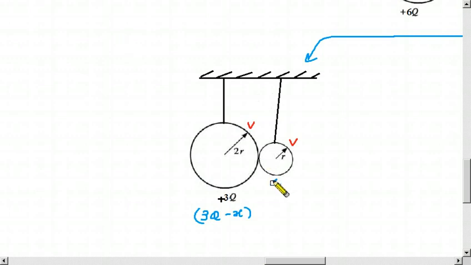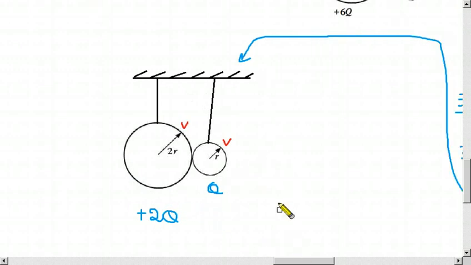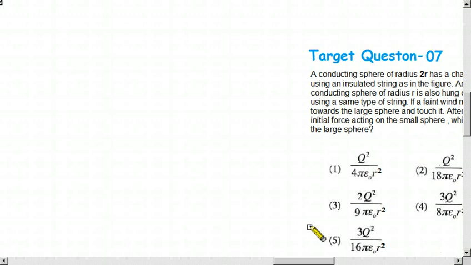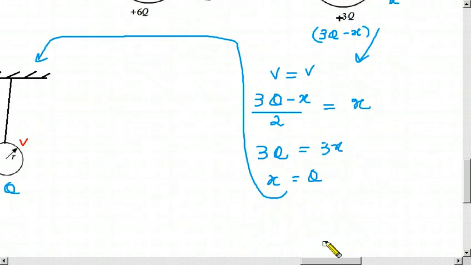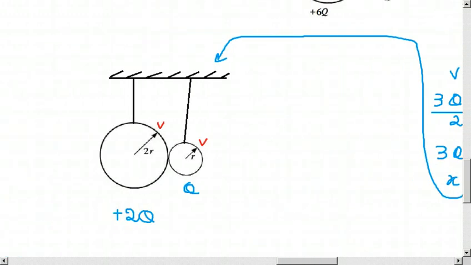Delete this one, and x equals q, here q, delete this one, 3q minus x, 3q minus q is 2q, positive 2q is remaining here, this one delete. Then what they ask is the force.